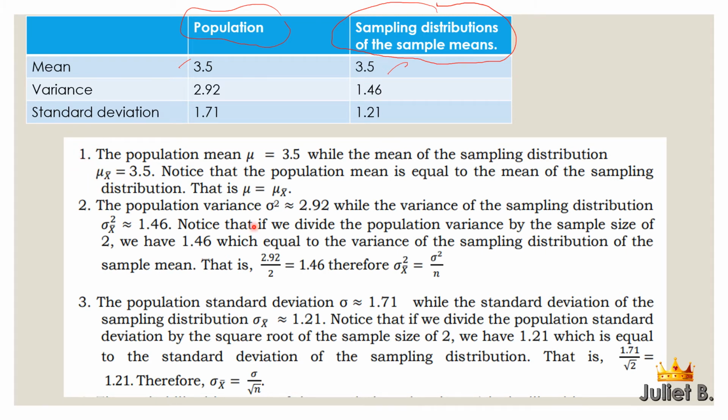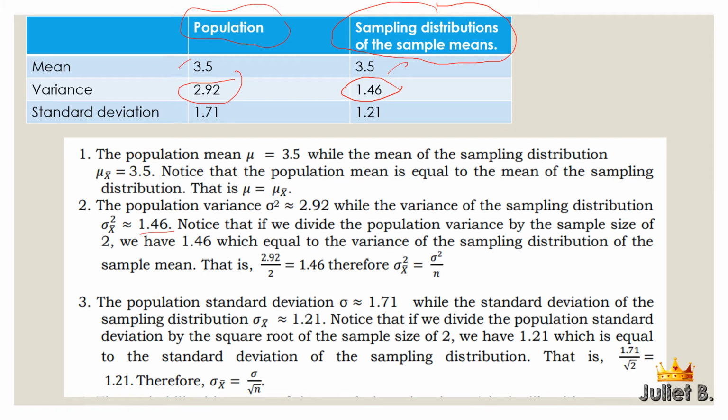Ang number 2, the population variance is 2.92, while the variance of the sampling distribution is 1.46. Notice that if we divide the population variance by the sample size of 2, kasi sa activity number 2, ang sample size natin ay 2 taken 2 at a time, we have 1.46 which is equal to the variance of the sampling distribution of the sample mean.